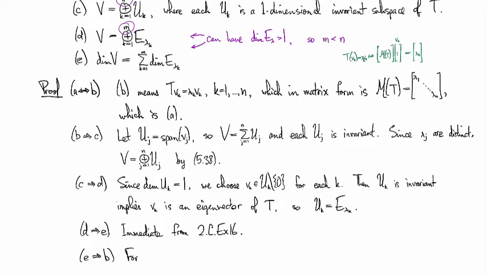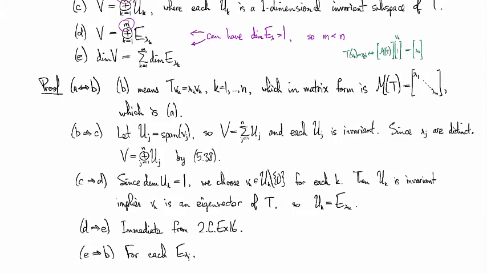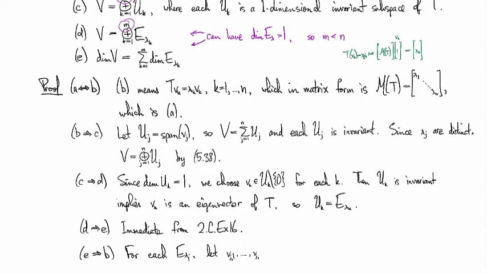So for each of these eigenspaces, I'm going to doubly index these: Vj1 out through Vj, and we're going to take this to be a basis for E lambda j.